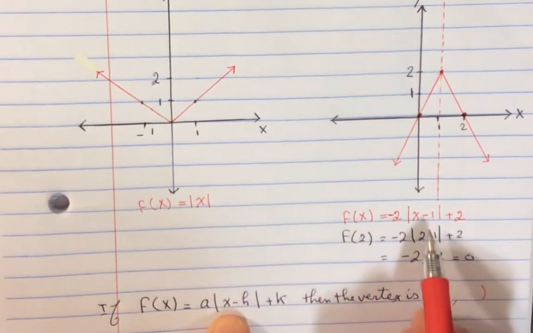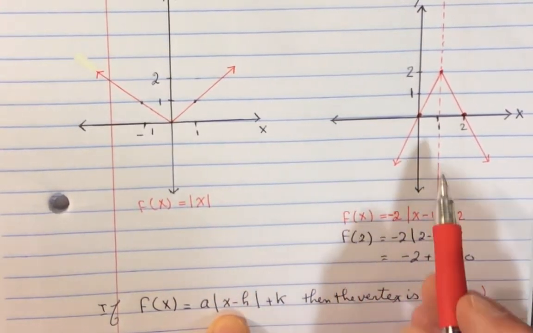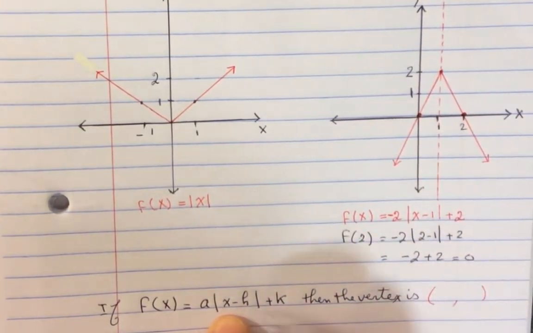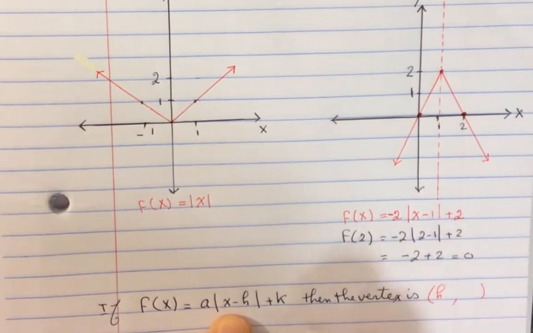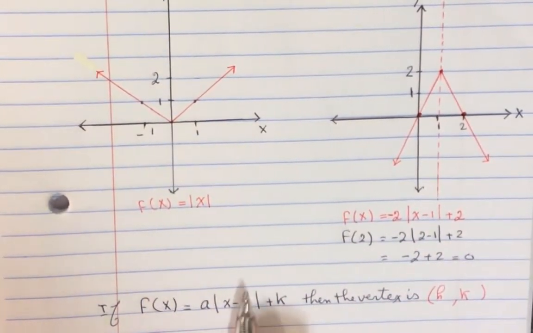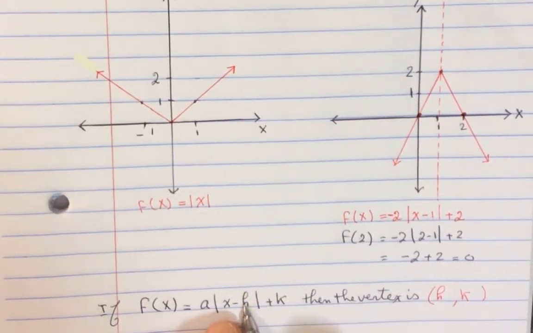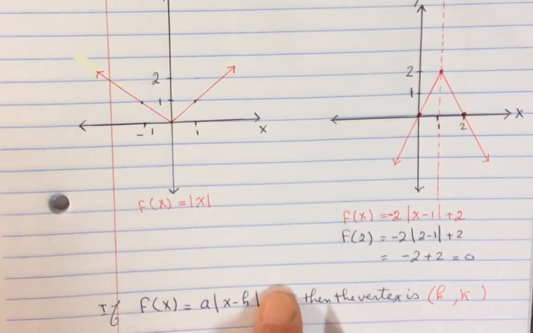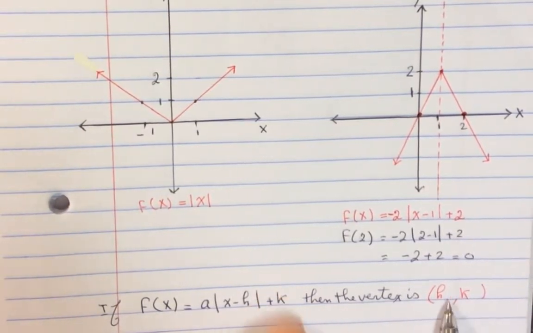If this is minus 1, then the vertex is going to be positive 1 and 2. So over here it is going to be opposite to this, h and k. If there is no number in here, then h is 0. Like if it's only the absolute value of x and there is no other number, then h is 0. If there is no other number outside, then k is 0.